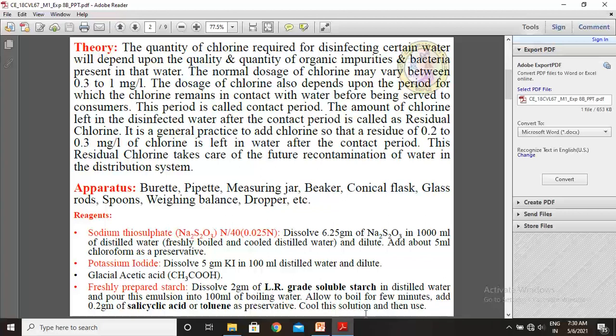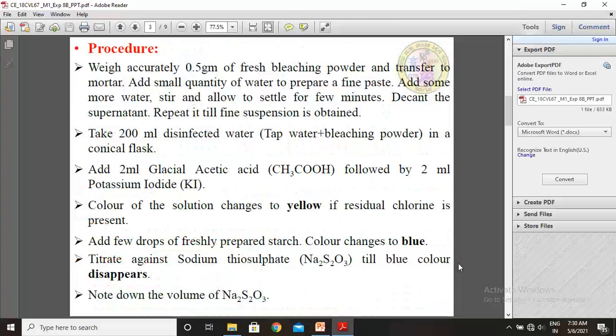Allow to boil for few minutes. Add 0.2 gram of salicylic acid or toluene as preservative. Cool this and then use. So this is the preparation of freshly prepared starch. So now all these reagents are prepared.